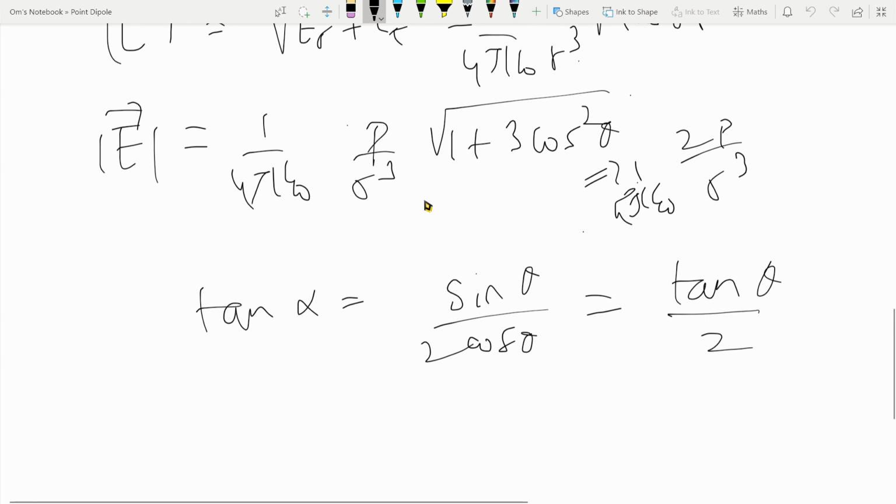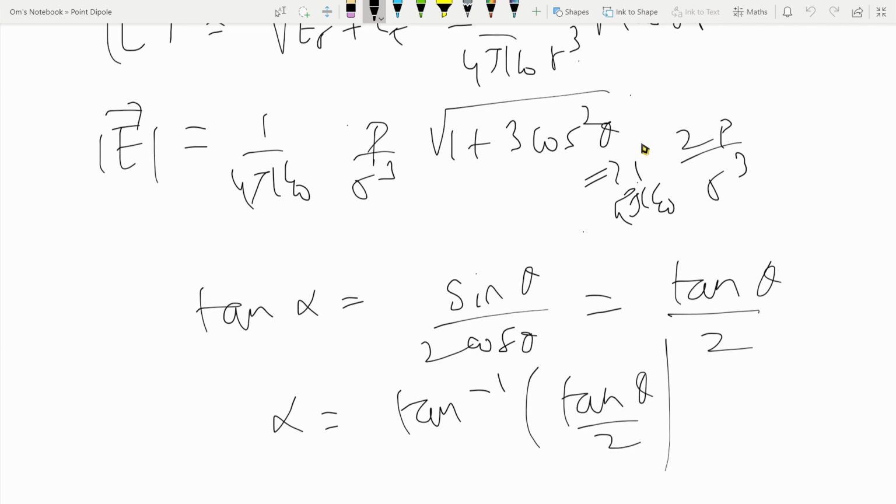So instead, alpha is then equal to tan inverse of tan theta by 2. So with this, we finally know what the magnitude of alpha is, and remember, alpha is the angle at which the net electric field is inclined to the radial direction. And since we know that, we know what its direction is, and because of that, we have effectively found the net electric field created due to a point dipole at any point.